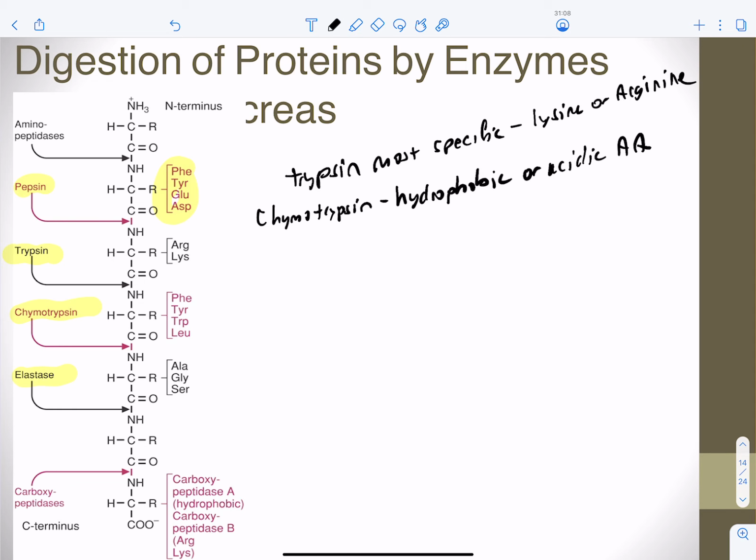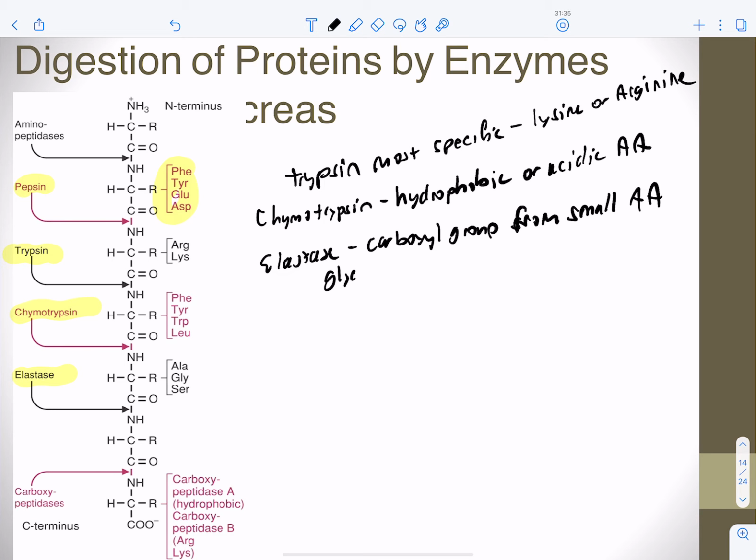And elastase is going to cleave bonds in which the carboxyl group is small, as I mentioned before. And the small amino acids are things like glycine, serine, and alanine. And then we have our carboxypeptidases. And these are going to remove your amino acids from the carboxyl end.